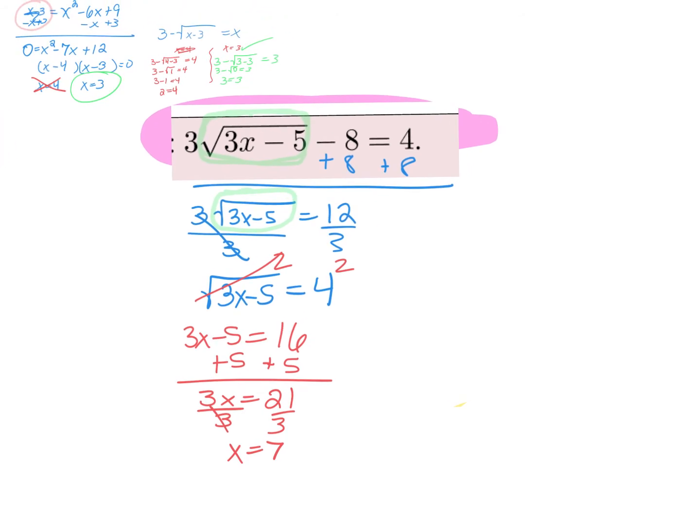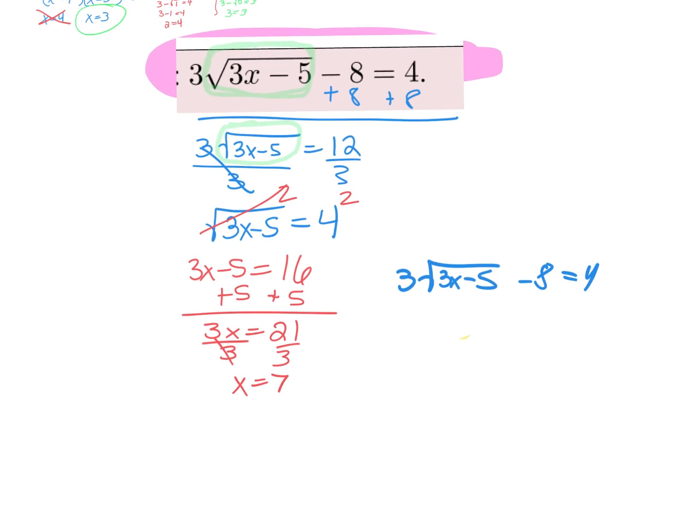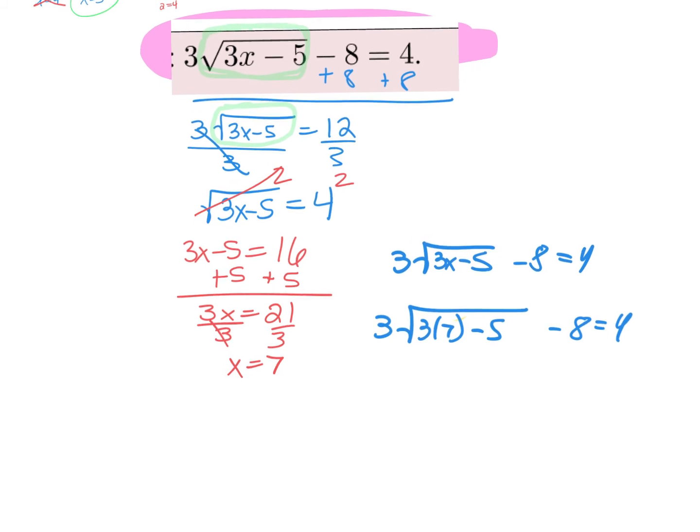Now, great job, but what should we do before we move on to the next problem? Let's just check it real quick, right? Take your original, 3 square root of 3x minus 5 minus 8. Does that equal 4 when you plug in 7? So I have 3 times the square root of 3 times 7 minus 5, minus 8 equals 4. Again, you guys don't have to show me this step. You can do this in your head if you want to.